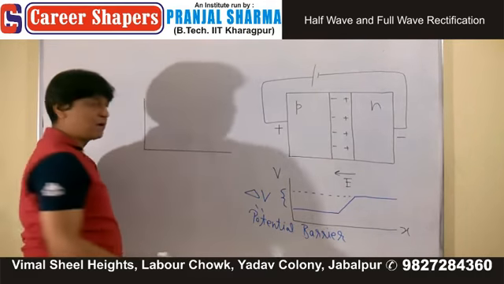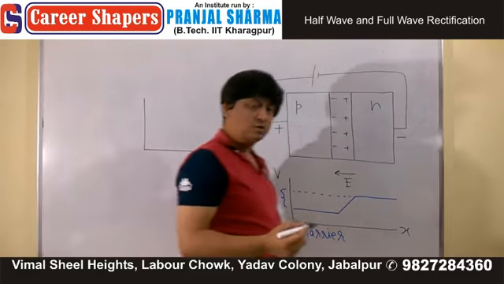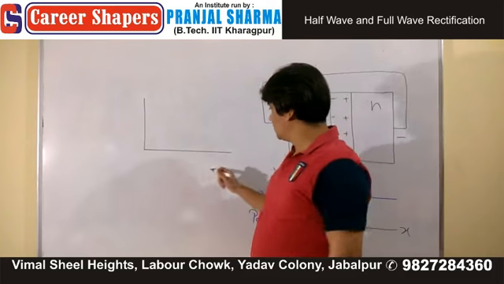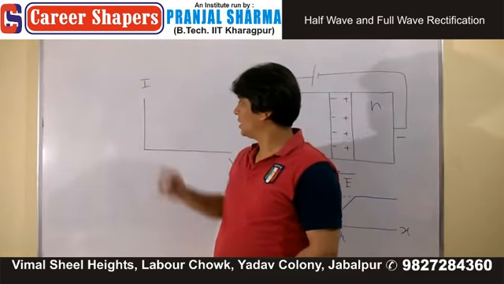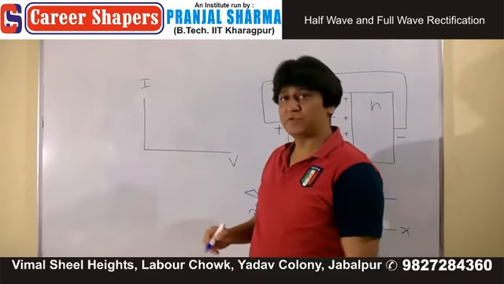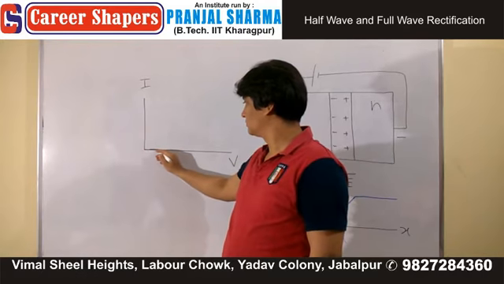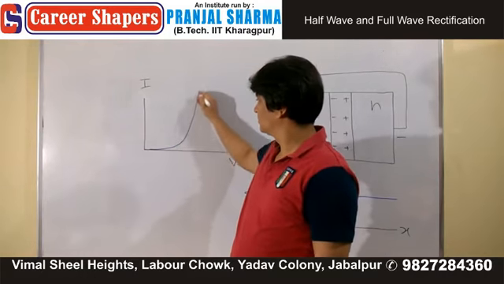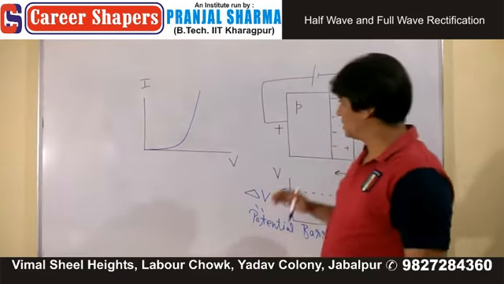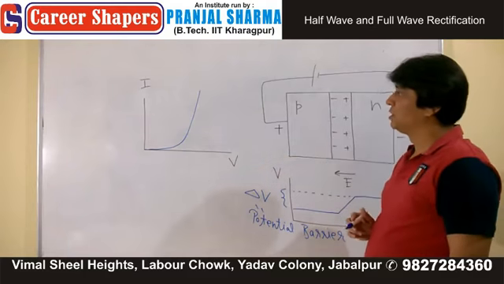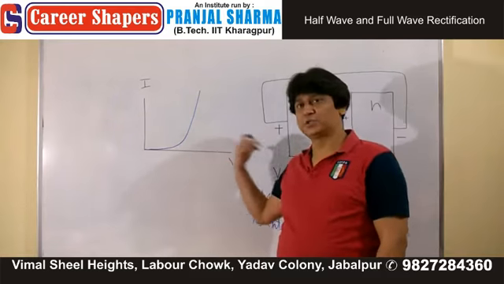If you remember the way we plotted the VI characteristic graph for a diode, the graph looks like this. This is your V, this is your I, and the shape of the graph is this. Let's talk about forward bias because now it is in the forward bias region. If you want me to discuss the reverse bias also, you can use the same concept.